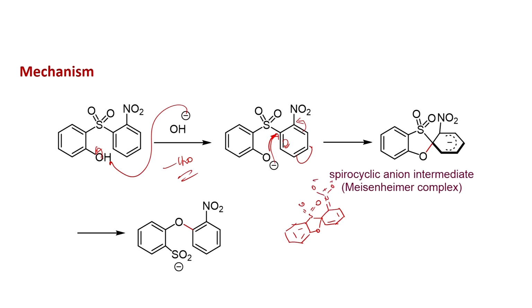Once we have this one, now you will have this intermediate. Once you have this one, now the carbon ion can leave, and then you will be able to have this compound. Basically what happens here, this undergoes addition reaction, then this leaves from the aromatic ring, and you will be able to get this substitution compound.